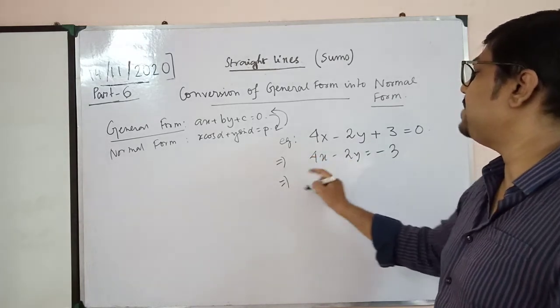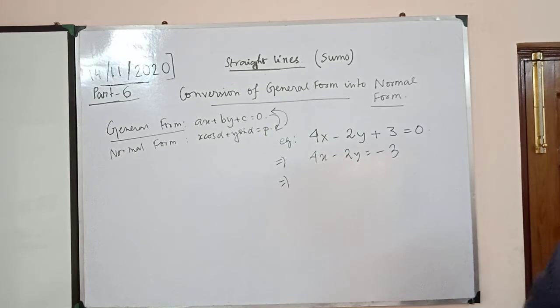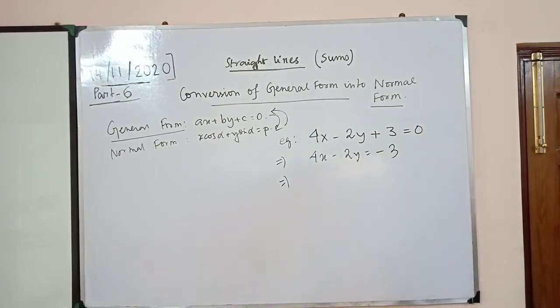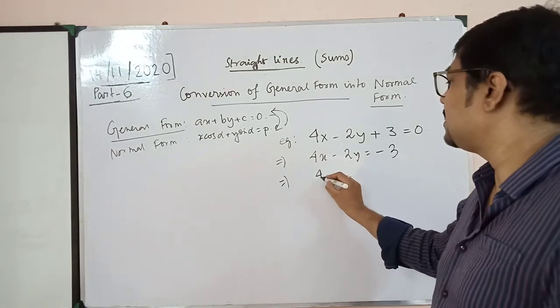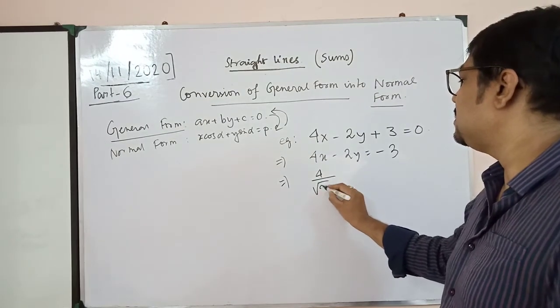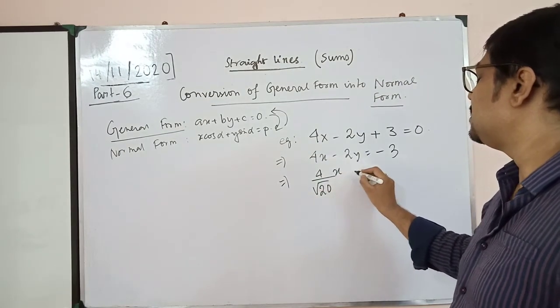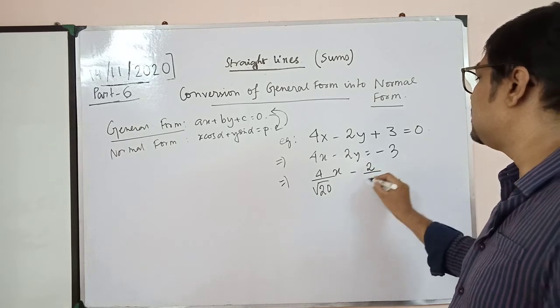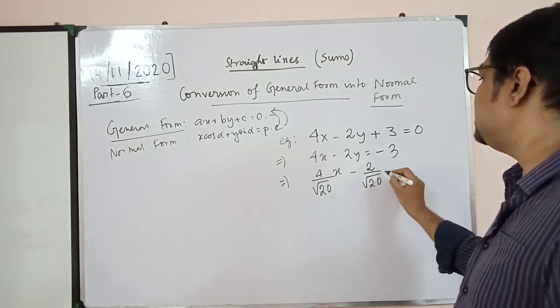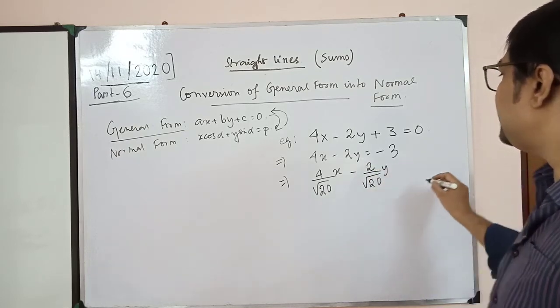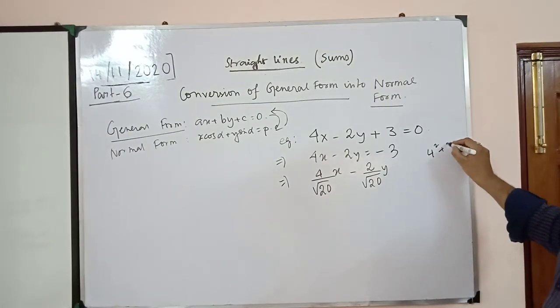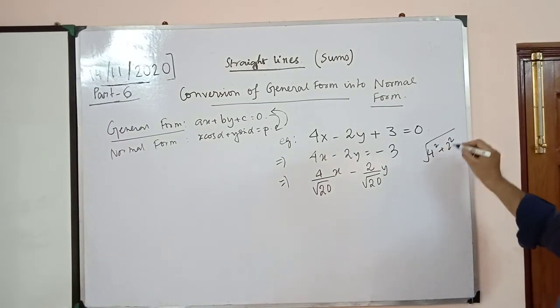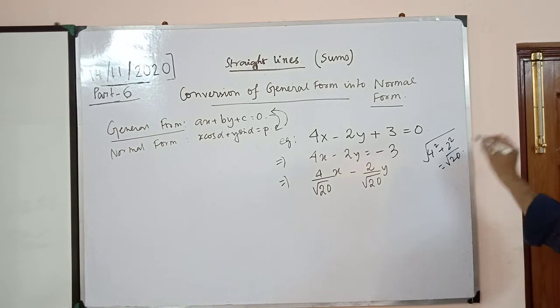Now we will divide by root over 4 square plus 2 square. 4 square plus 2 square means 16 plus 4, 20. So we will divide by root 20. Why root 20? 4 square plus 2 square, so 16 plus 4, that is root 20. I hope you understand.